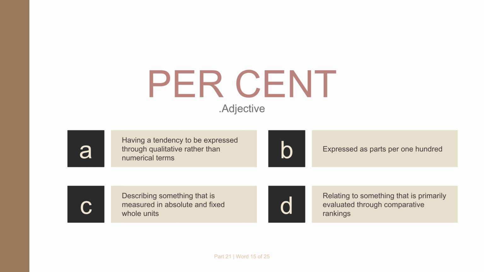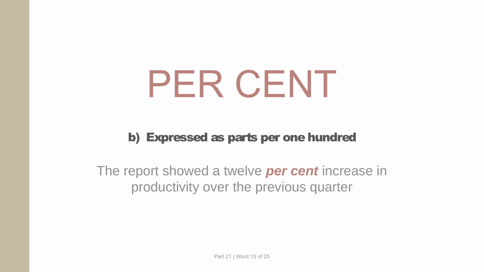Option D. Relating to something that is primarily evaluated through comparative rankings. Correct answer, option B. The correct meaning of percent is expressed as parts per 100. Example: the report showed a 12% increase in productivity over the previous quarter.